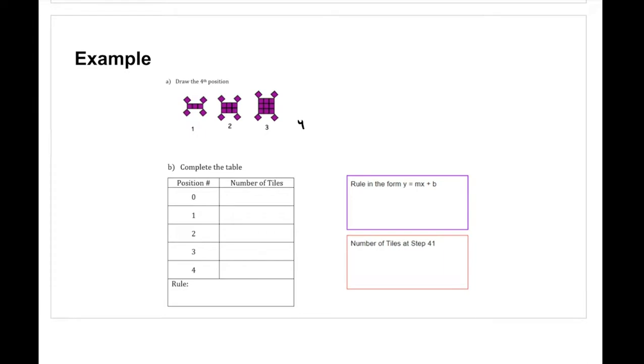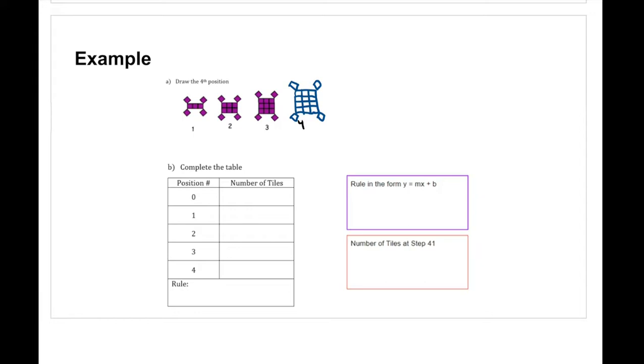We add another row of tiles, with our diamonds, or rotated tiles, in the corners. So that's our fourth position.